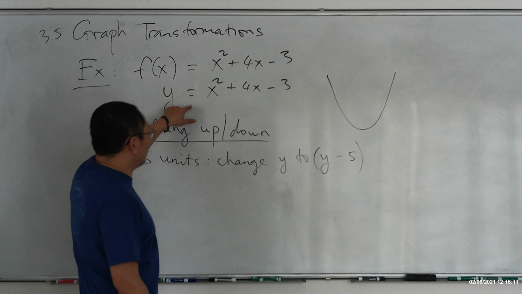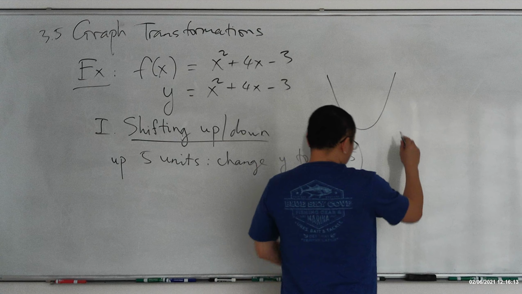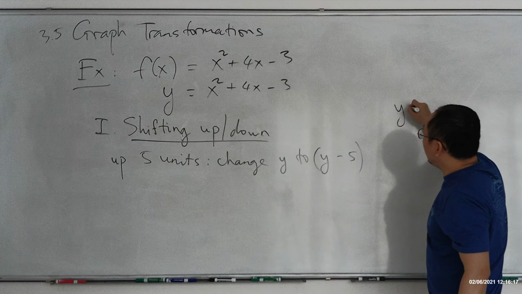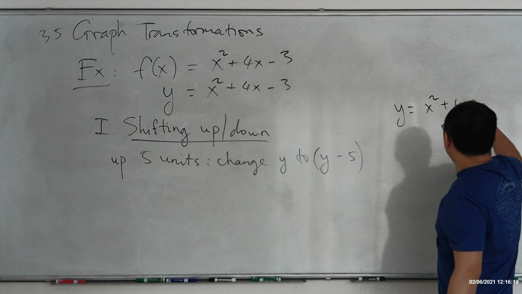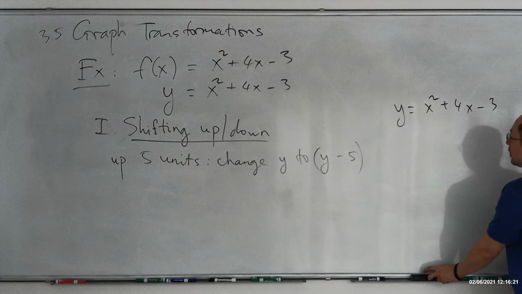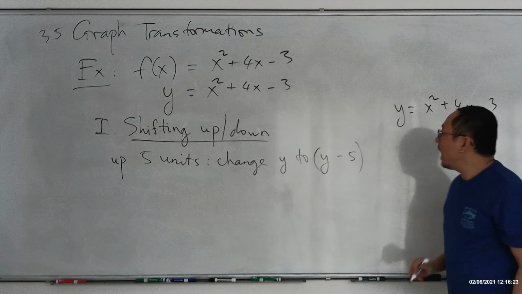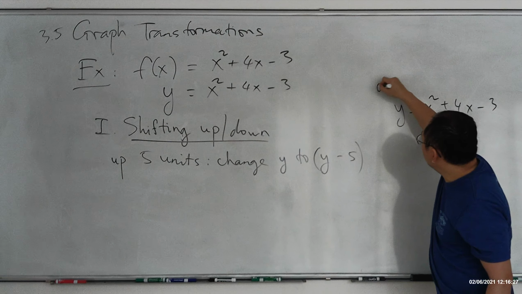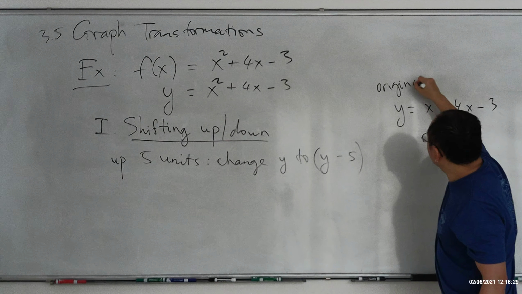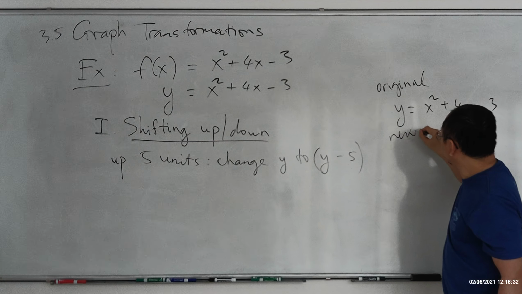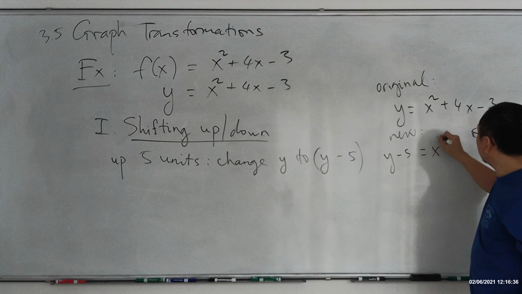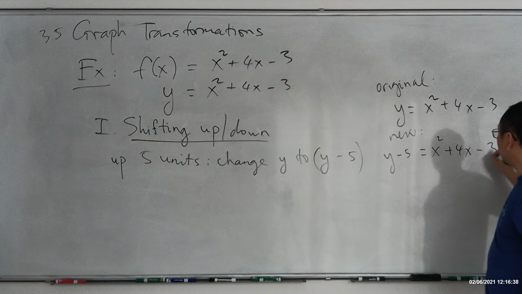So my original equation is y equal to x squared plus 4x minus 3. What I need to do is whenever I see a letter y, I will change it to y minus 5. So the new equation is going to be y minus 5 equal to x squared plus 4x minus 3.